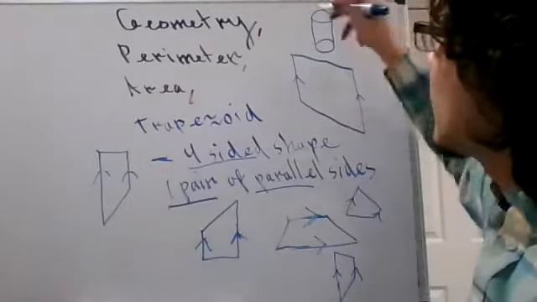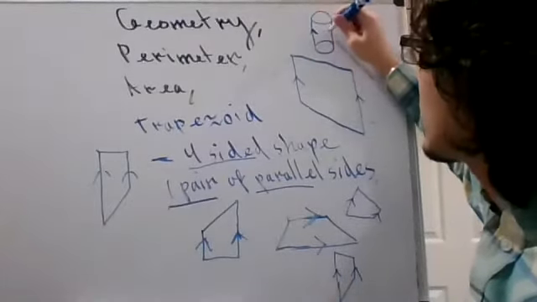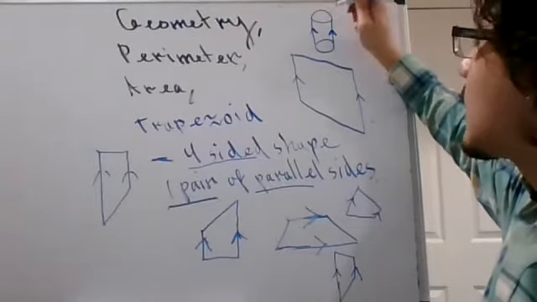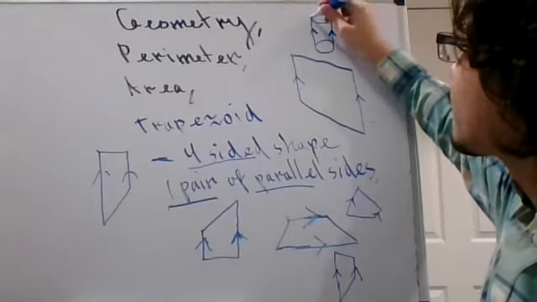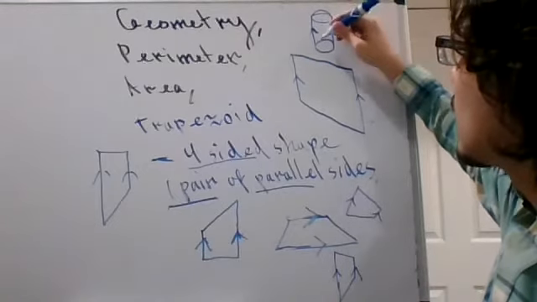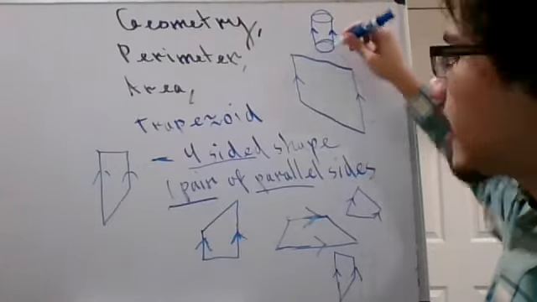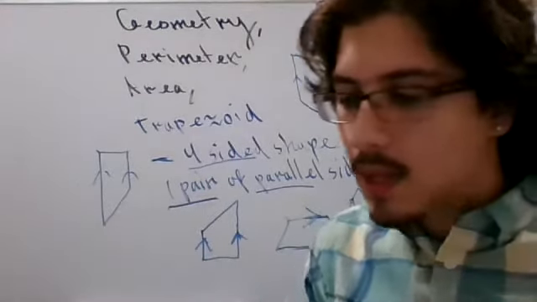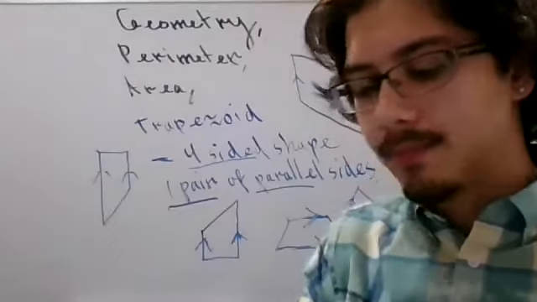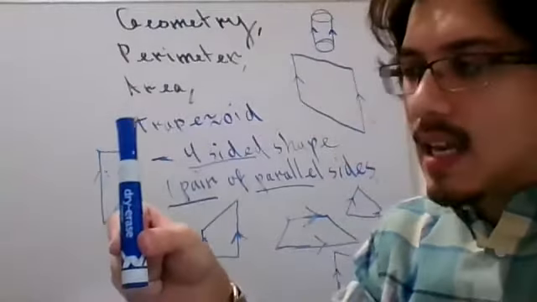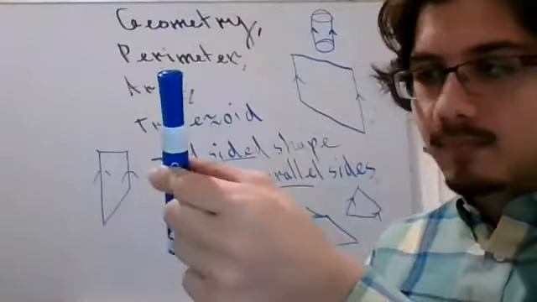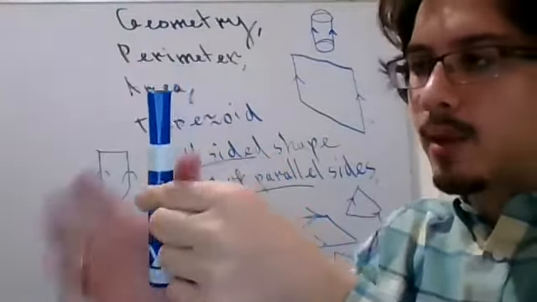So I guess I'll quickly talk about this. This is a cylinder. This marker is essentially like a cylinder. It is a little tube enclosed.